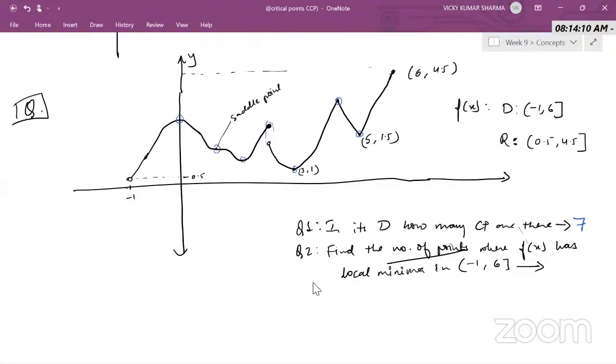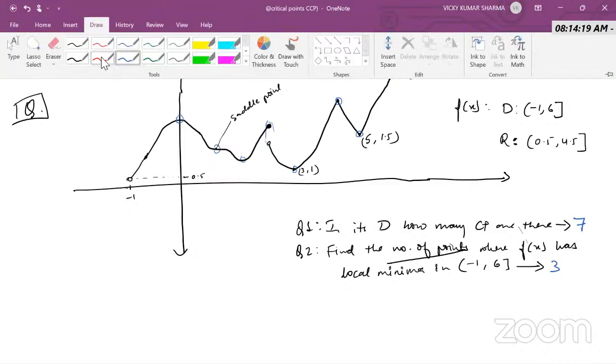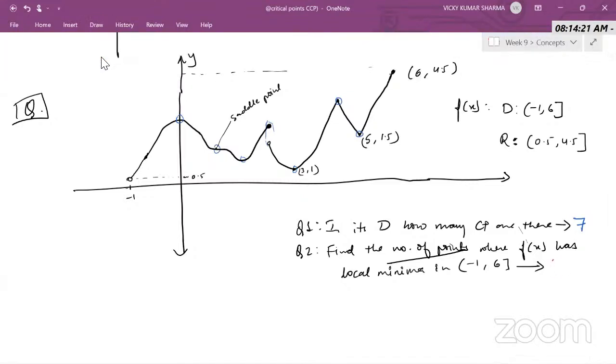3. 3, sir. Which all? Maybe I should use a different color. I'll use red here. So which are the local minima points, right? So this is 1. I can say this is 2 and 3.